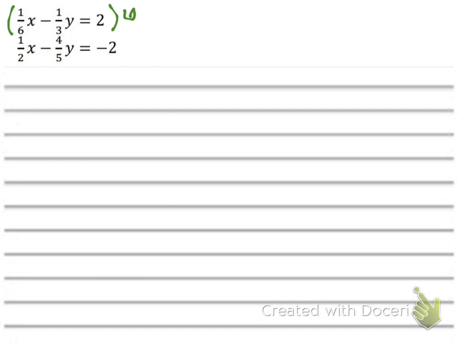So he's going to be x minus 2y is 12. And then the bottom guy needs to be multiplied by 10, right, to get rid of the fractions. So that would be 5x minus 8y is -20.